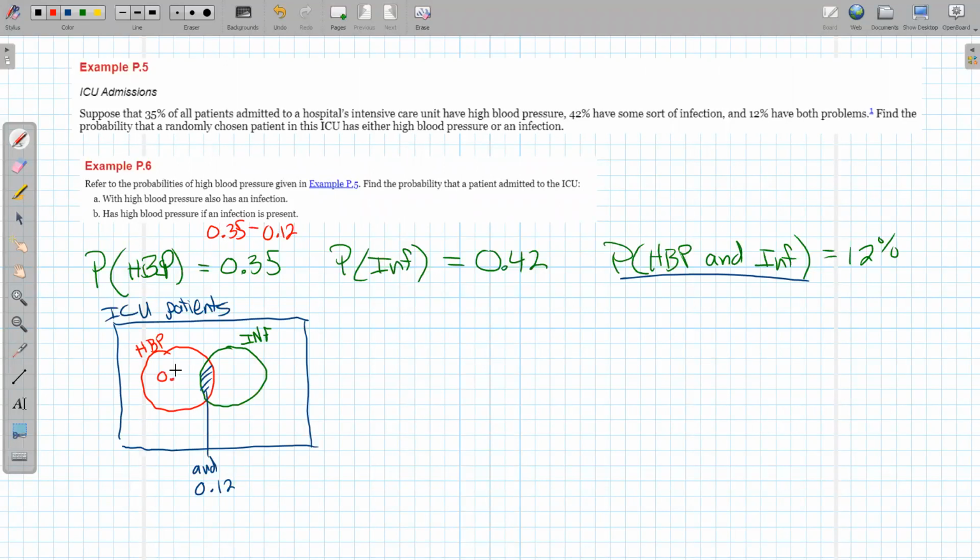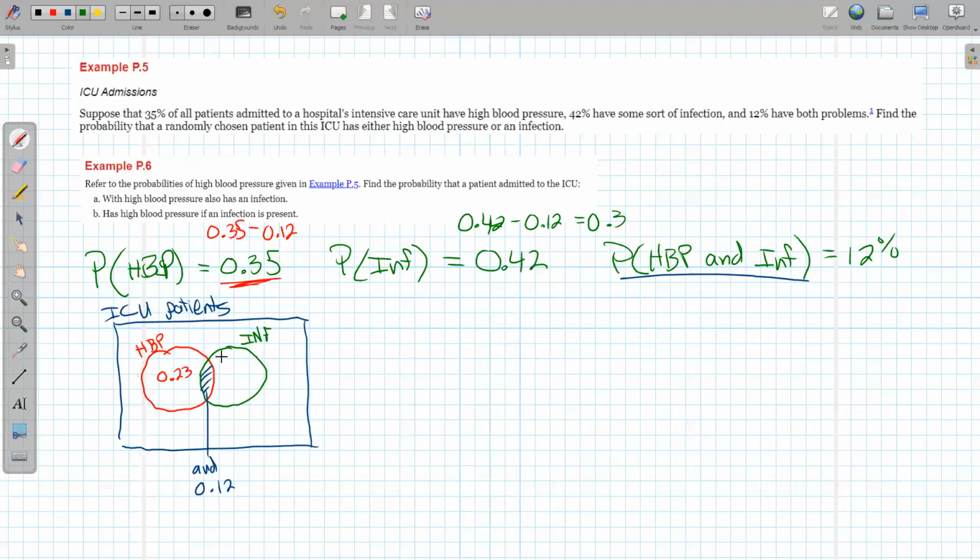So there'll be 23% of patients that have high blood pressure but aren't in that group that has an infection. You put the 23 and the 12% together, that gives you the total of 35% for that whole region. On the other side, if we do the same thing with infections, from that 42% we take out the ones that also have high blood pressure, that's going to give me 30%.